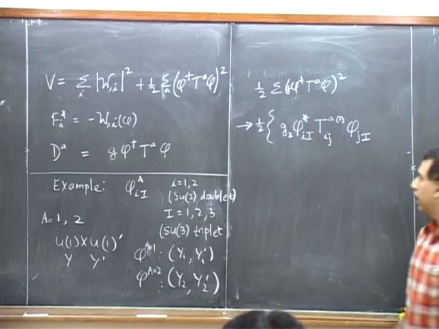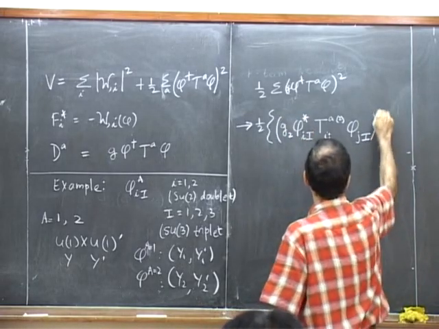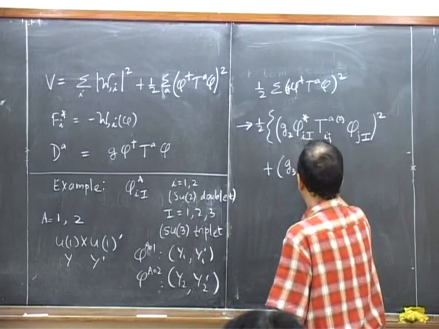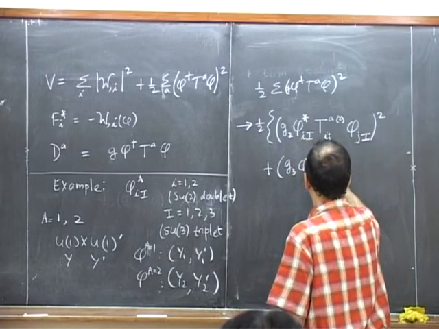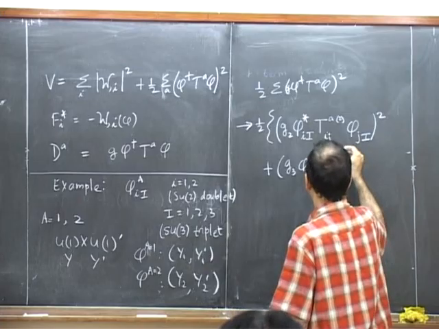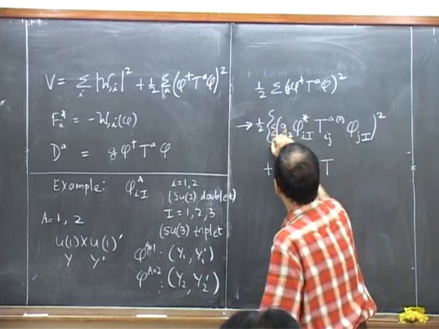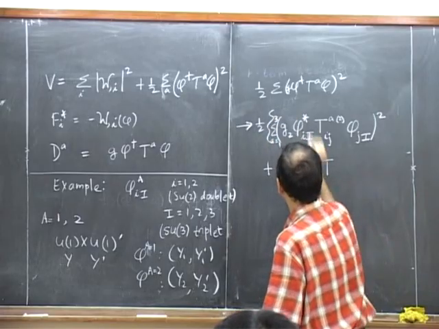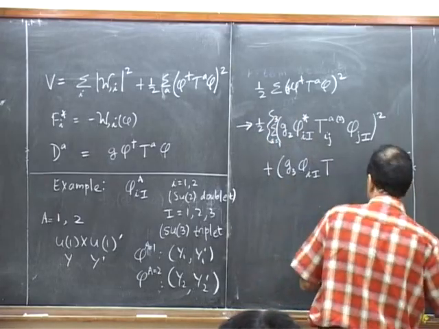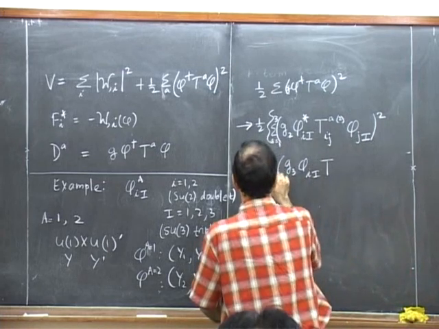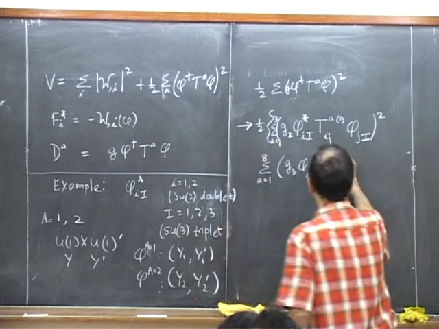Okay, and I square it. Next I add the term G3. This time I put here the D. Unfortunately, I have to keep using A. So this is summation A equals 1 to 3. In the next term, I have summation A equals 1 to 8, dA of SU3.